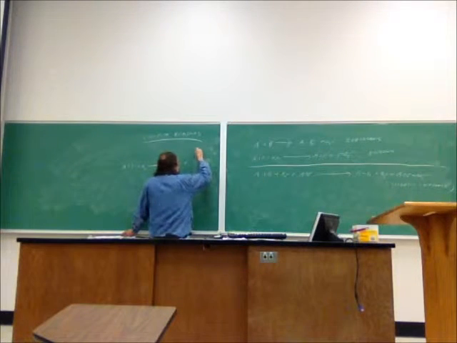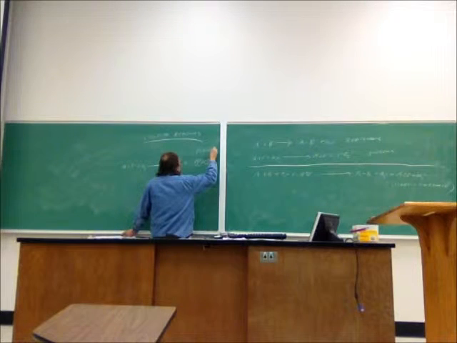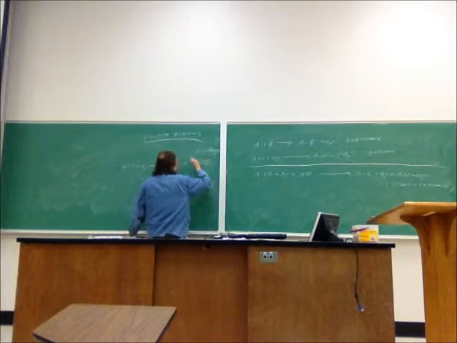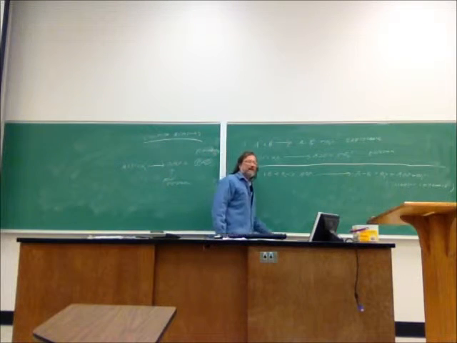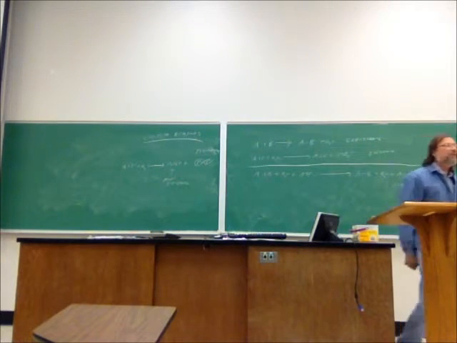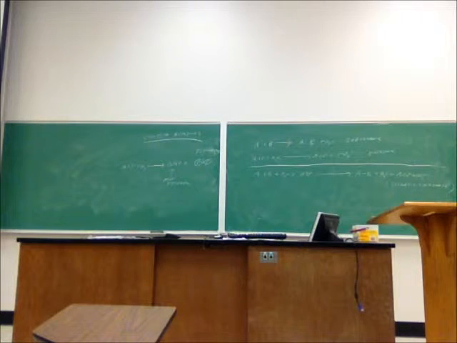And then two phosphates covalently bonded together. Okay, that's what we call pyrophosphate. You sometimes see it as a food additive, but pyrophosphate is simply two phosphates covalently joined together.